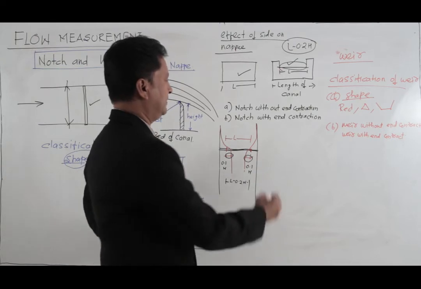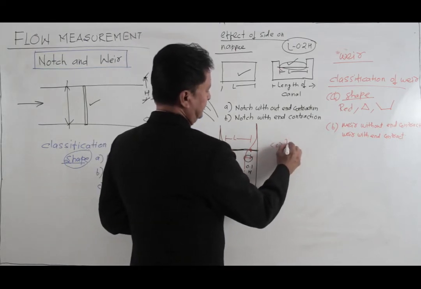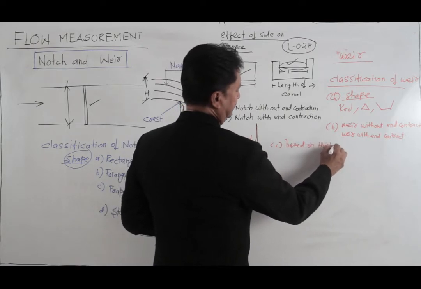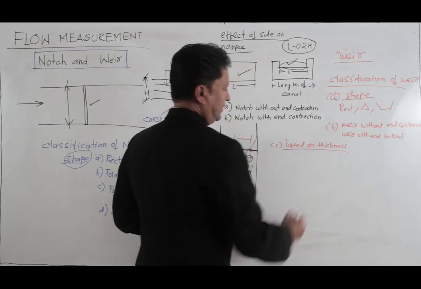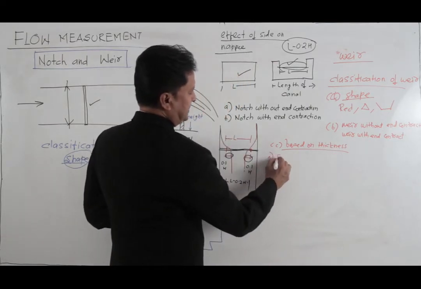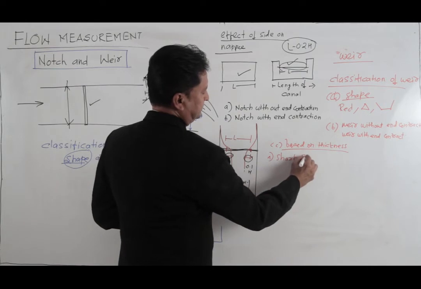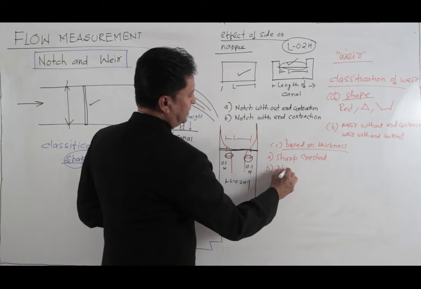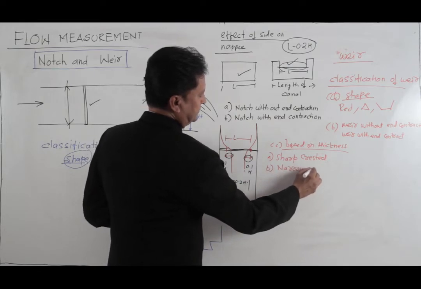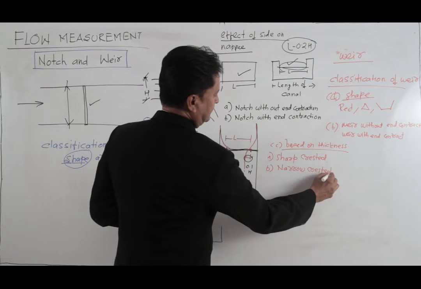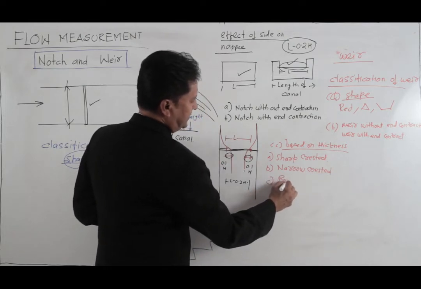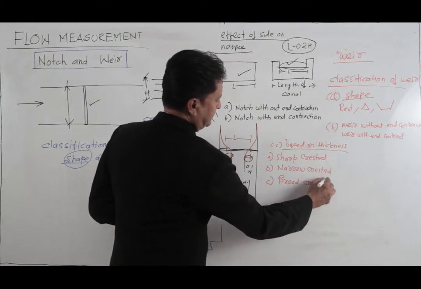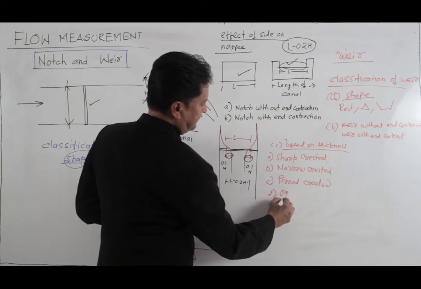And third, based on thickness, you get sharp crested weir, then second narrow crested, then broad crested, and ogee shape.